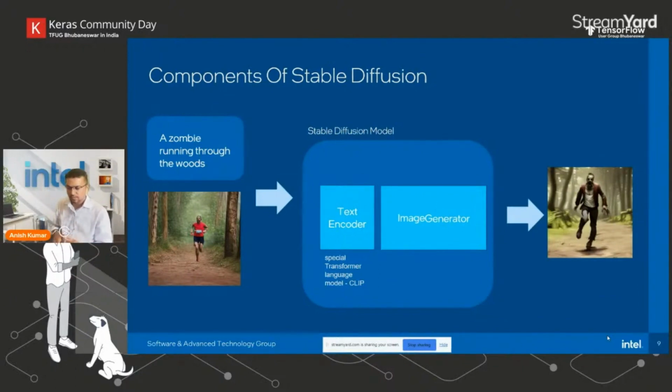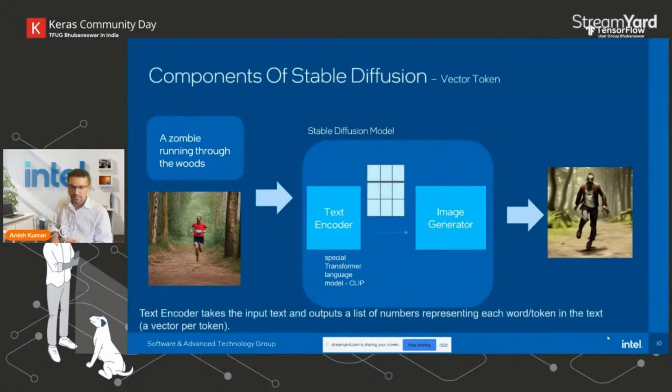The text encoder takes your text prompt, a zombie running through the woods, and converts it into a numerical representation called tokens, a vector token. Basically, it's a matrix of numbers that represents the prompt you have given, and it passes that token to the image generator for you.